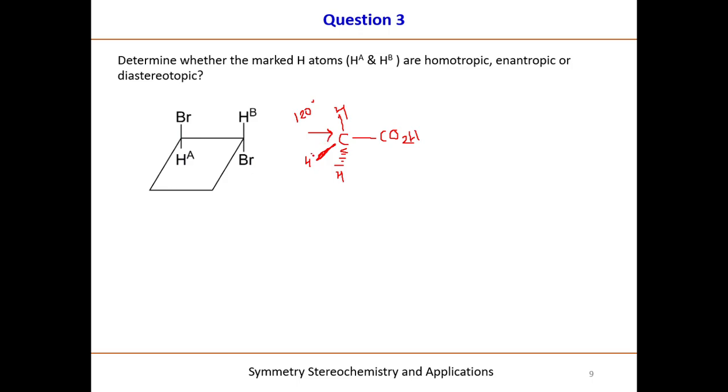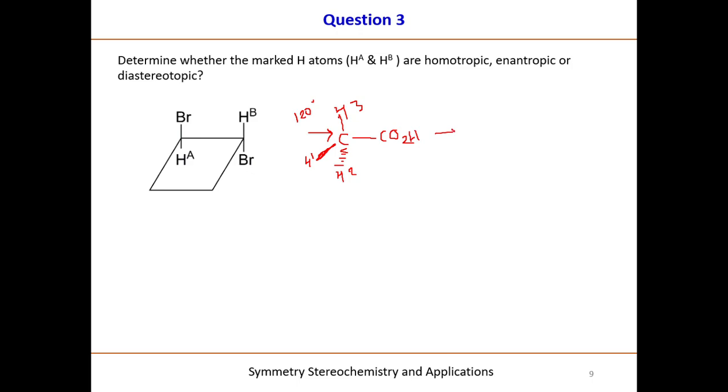You will see here that all three hydrogens are homotopic because they are related to each other and they are not changing the stereochemistry. If you rotate by 120, you will get the same molecule, indistinguishable from the original one.